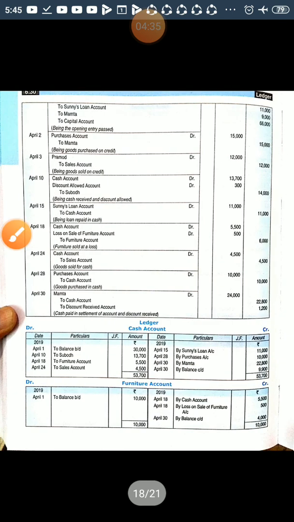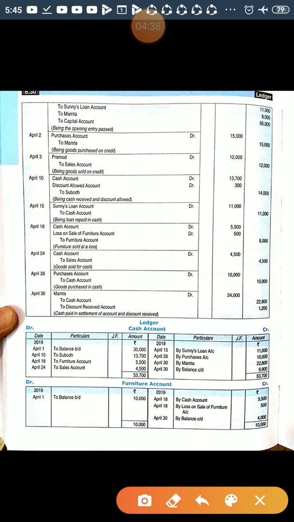Now I am talking about the other journal entries, and I am not going to discuss how to journalize those transactions. The matter of concern is how to post them and how to make balance, right?